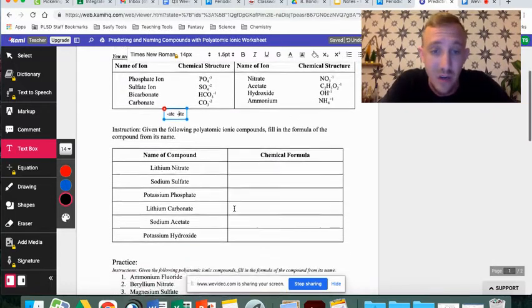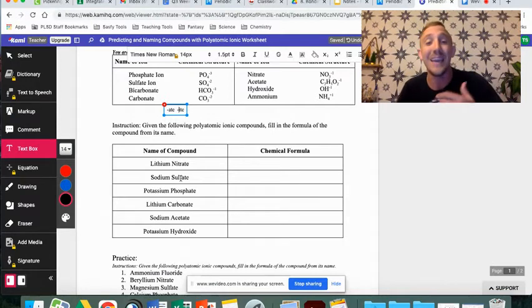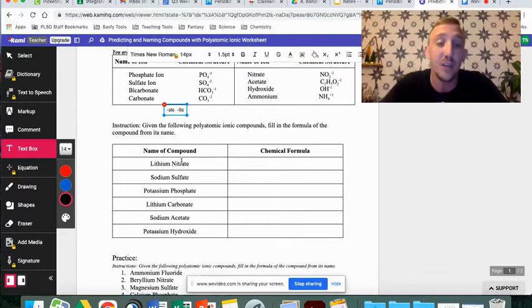So if you look down here, you can kind of figure out nitrate. You know that's a polyatomic ion. Sulfate. Okay, if it was an element, it would be sulfide. If it was the element nitrogen, it would be nitride. So understand nitride is different than nitrate. Nitrate is NO3.